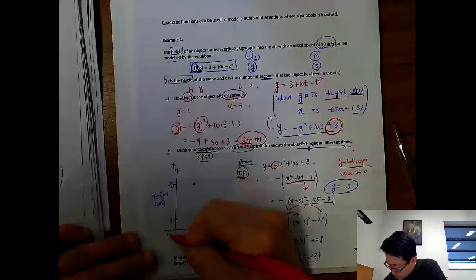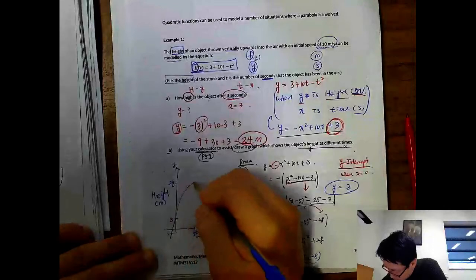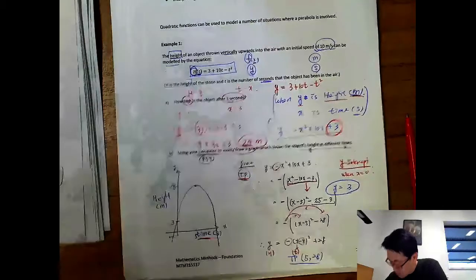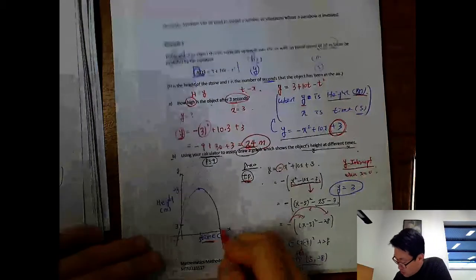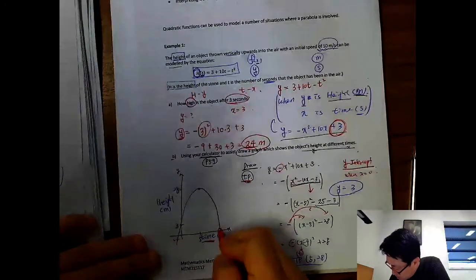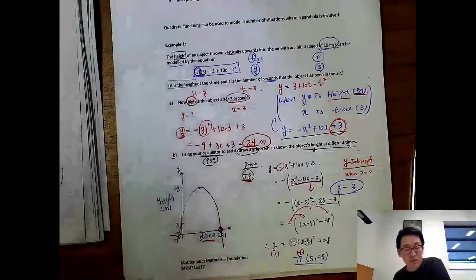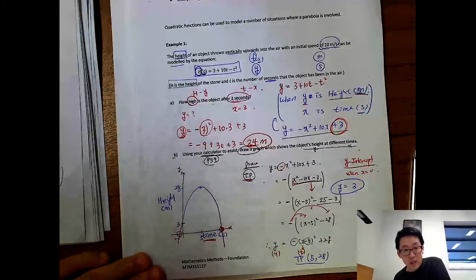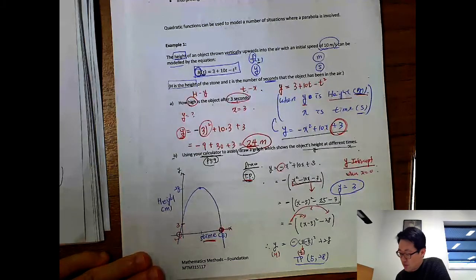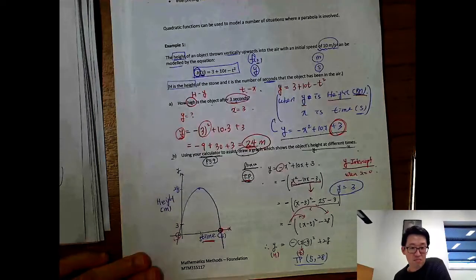That means we will have a parabola, something look like this. Yeah. All I need to get is this side, the positive side. I don't need negative side since we're only dealing with positive time. Yeah, we're not dealing with minus 1 second.